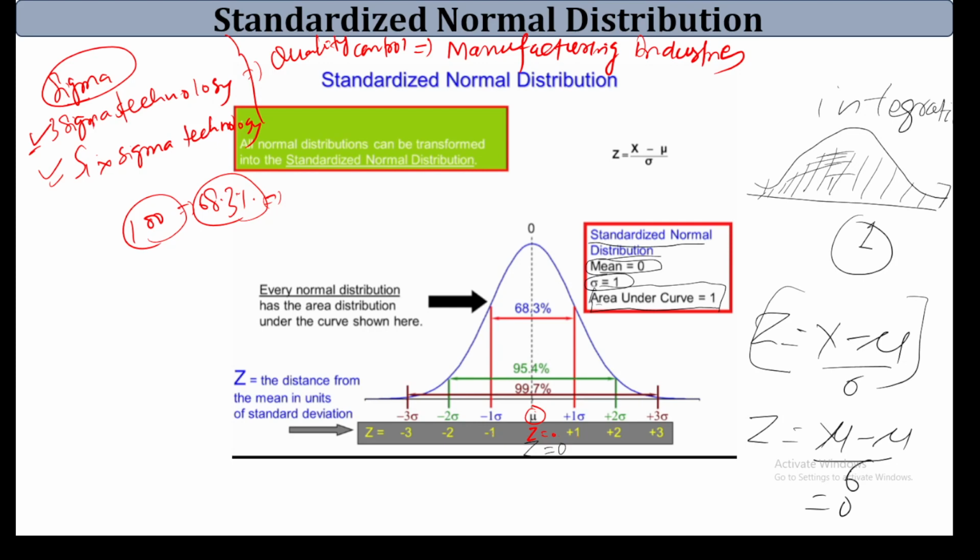So from this graph only, they take all of this. The blue line never meets the axis, it stays parallel and goes to infinity. Somewhere there will be a tiny 0.00001% distance. So till now we have Six Sigma technology.